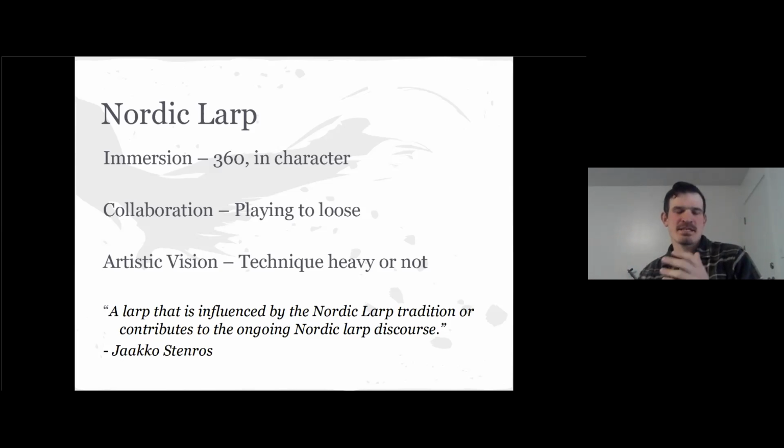Also, it has, as I said before, this artistic vision to it. And that can mean several different things. When I say it's 360, it's not always 360-degree as in realism.